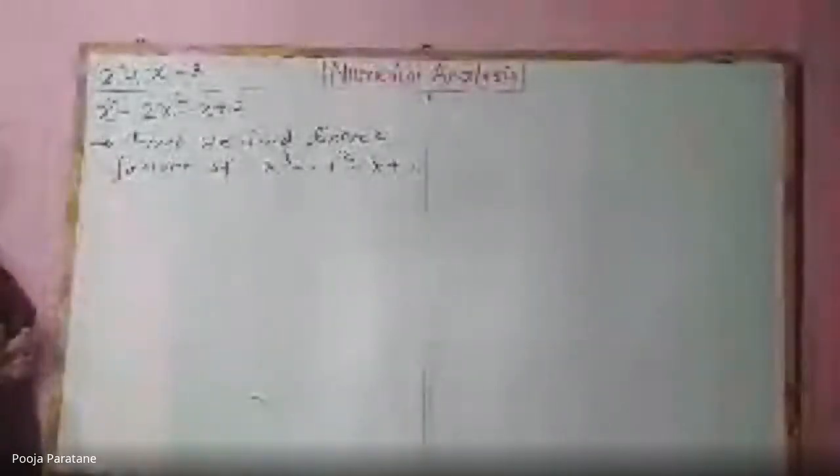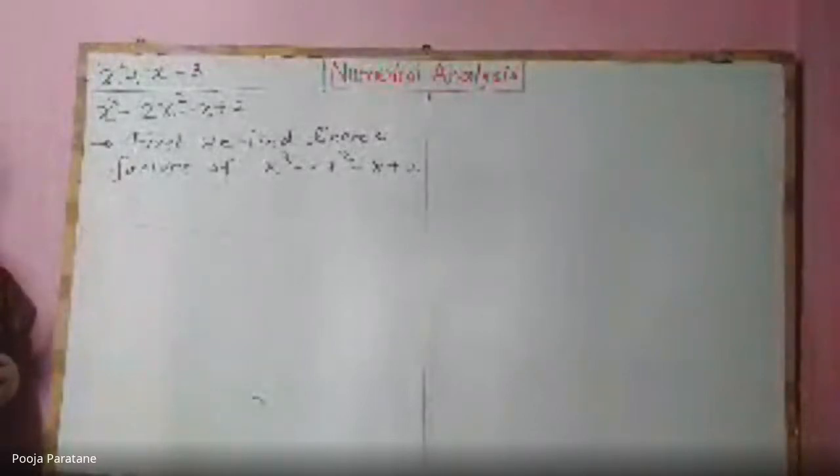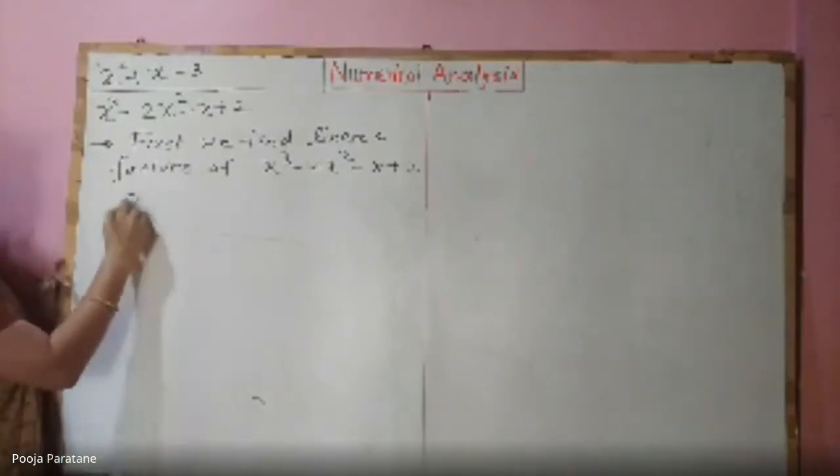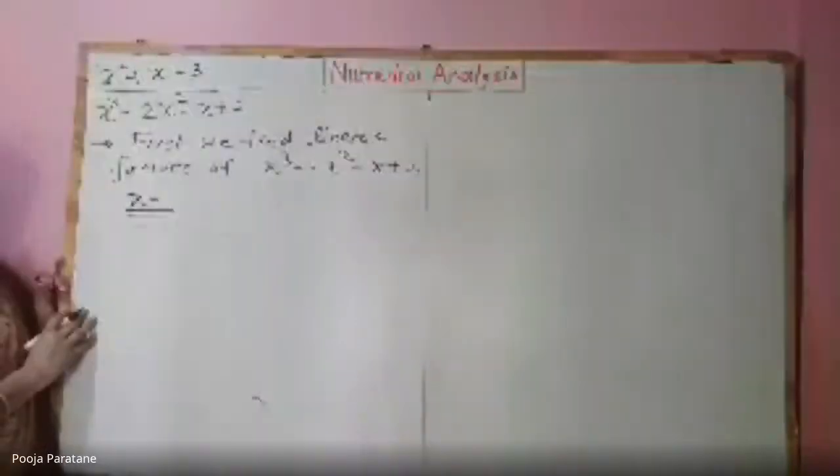This we can use only when the denominator can be factorized in linear factors. Okay. So let us check whether x minus 1 is a factor of this polynomial.